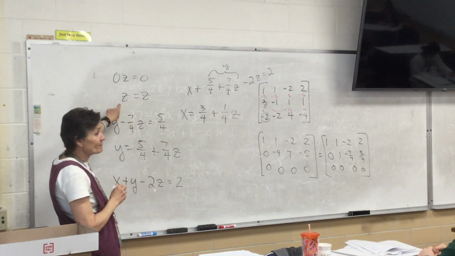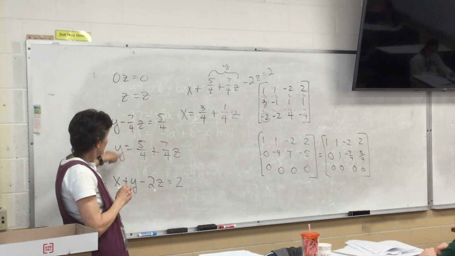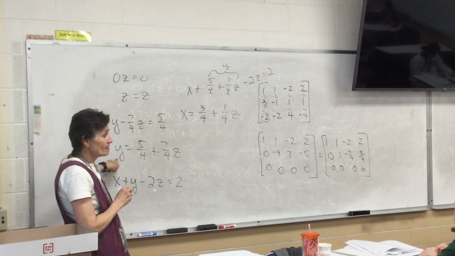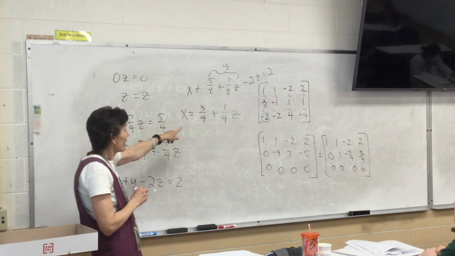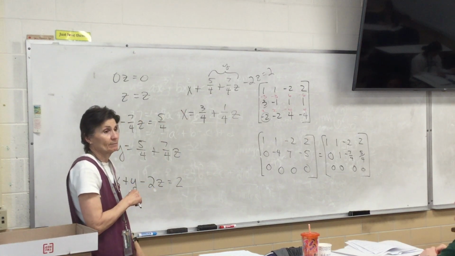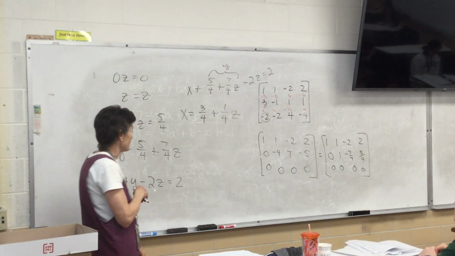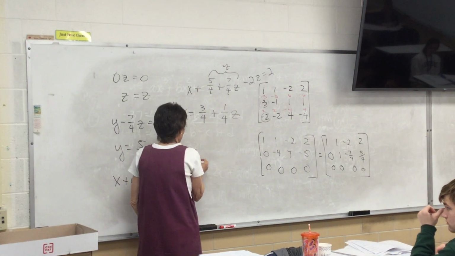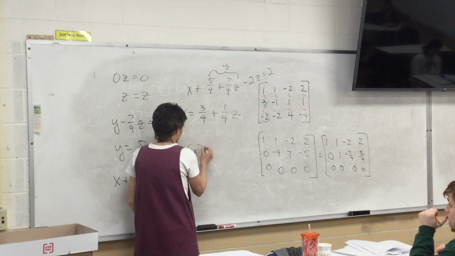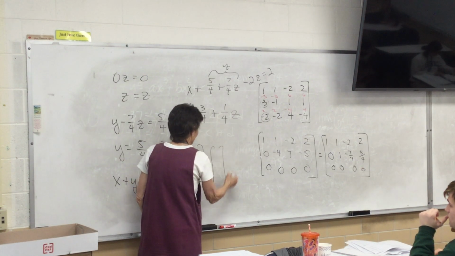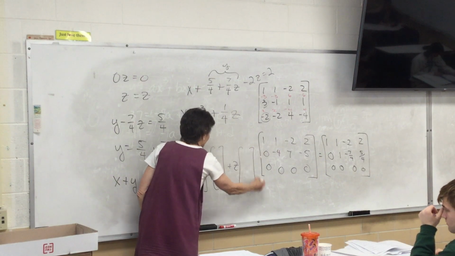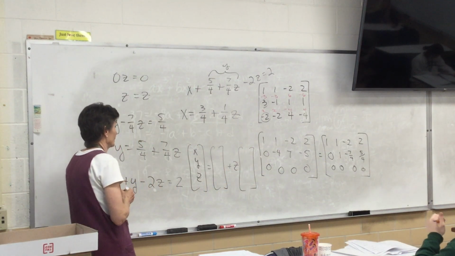So since I don't have a z value, my y and my x are going to be in terms of z. So whatever I pick for z. So then I can write my answer vertically in matrix form.